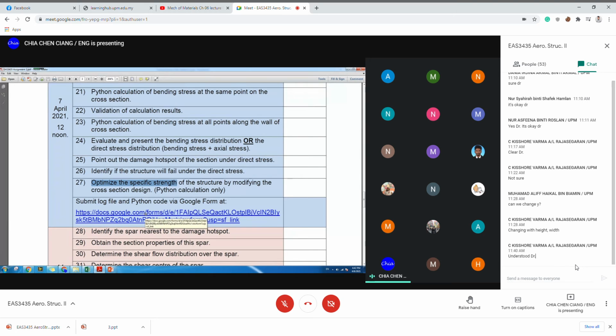Okay, two directions. One, from failure, you optimize it so that it will not fail. The second is it's not possible to fail, but you optimize it so that it nearly fails. This is the optimization. It's like climbing a mountain from different directions, from the left or from the right.